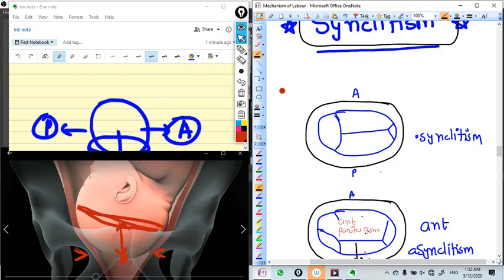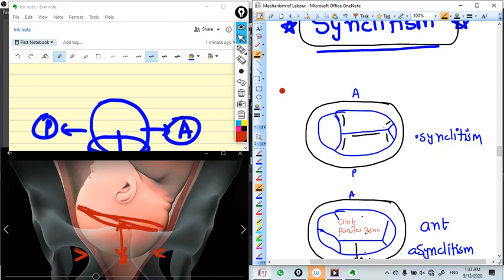This black circle is what? It is the pelvic inlet, and you are seeing the fetal head coming towards you. There you can see the sutures of the fetal head. These are the coronal sutures and this is the sagittal suture. These are the rhomboid sutures. You identify the sutures? Okay.